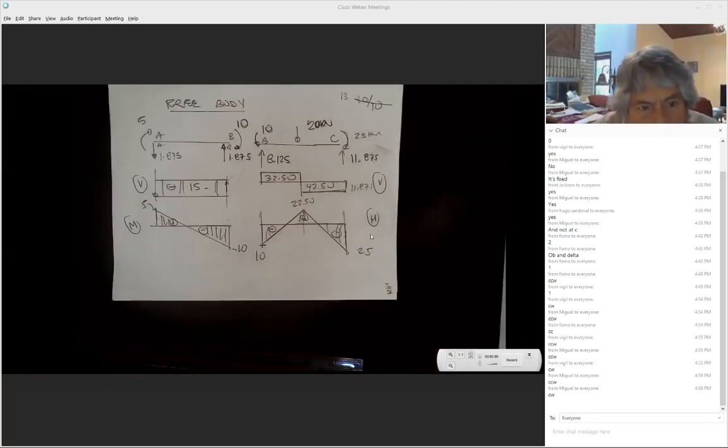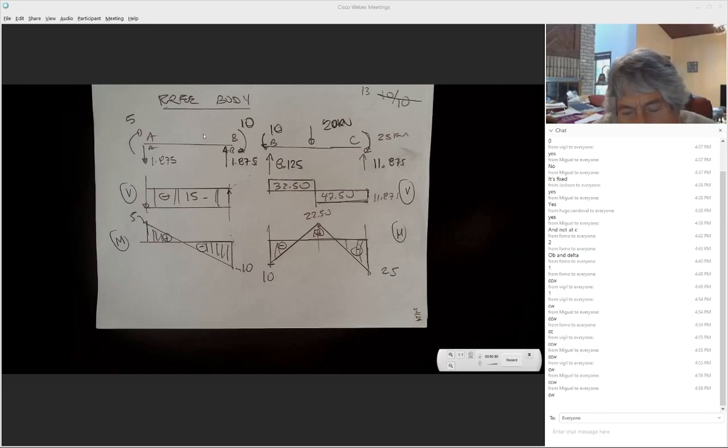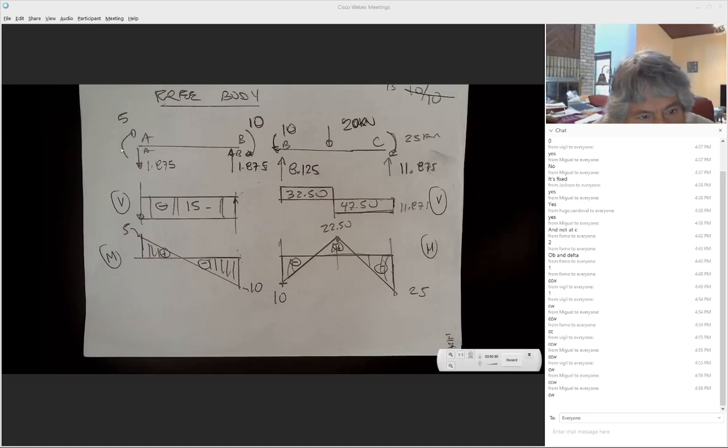For indeterminate structure, we go back to what we did the very first day of class. Everything is going to be plotting shear and moment diagrams, and sometimes computation of deflection or indeterminate structure. So look, this is what we had, the 5 and the 10.